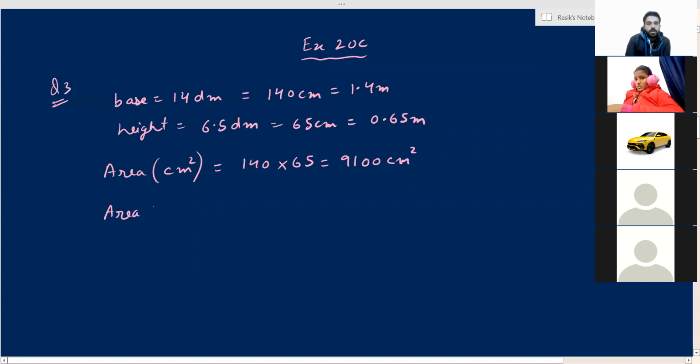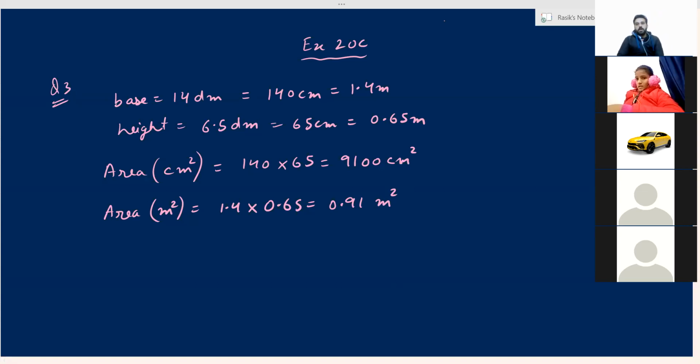And the area in meters square is 1.4 into 0.65, which is 0.91 meter square. So in centimeter square it is 9100 centimeter square, and in meter square, your answer is 0.91 meter square.